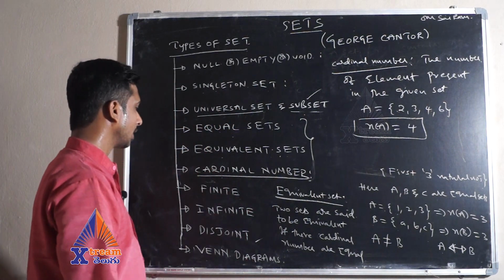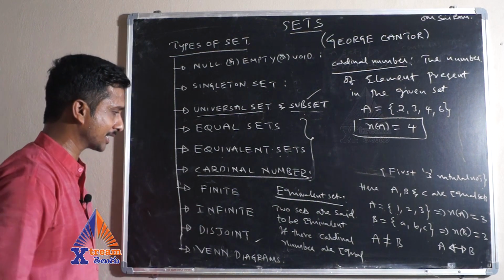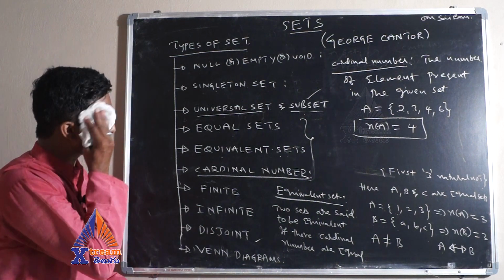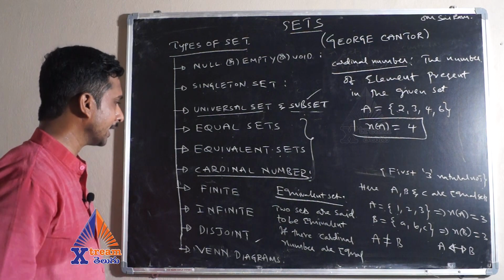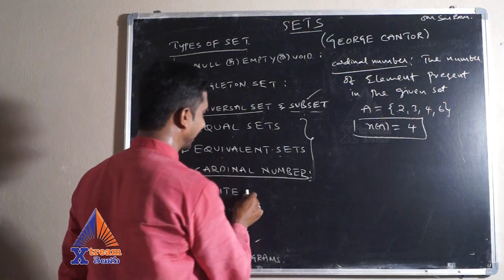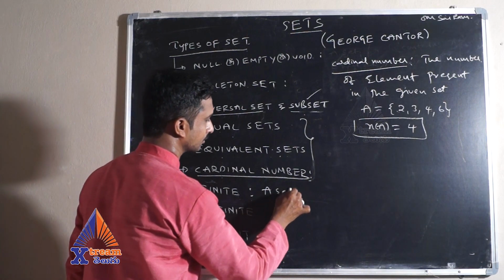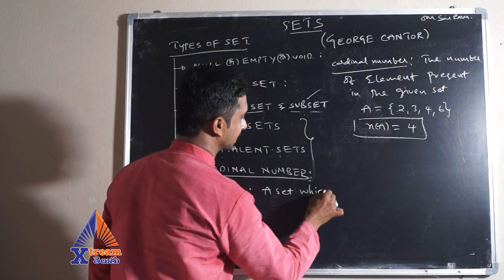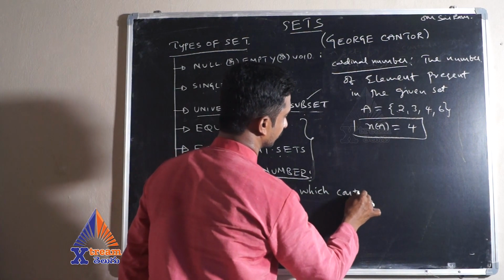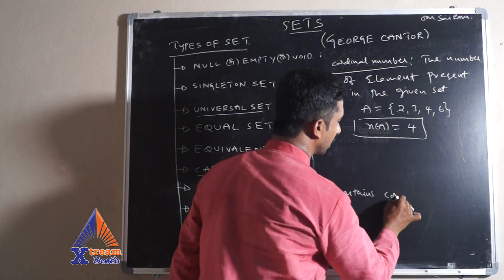After that we have finite set, infinite set and disjoint set. So let us discuss finite set. The name itself indicates finite set. So a set which contains countable number of elements.